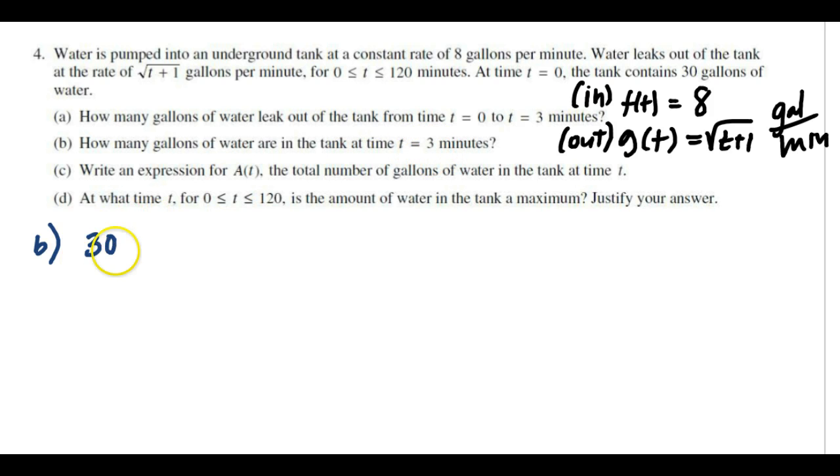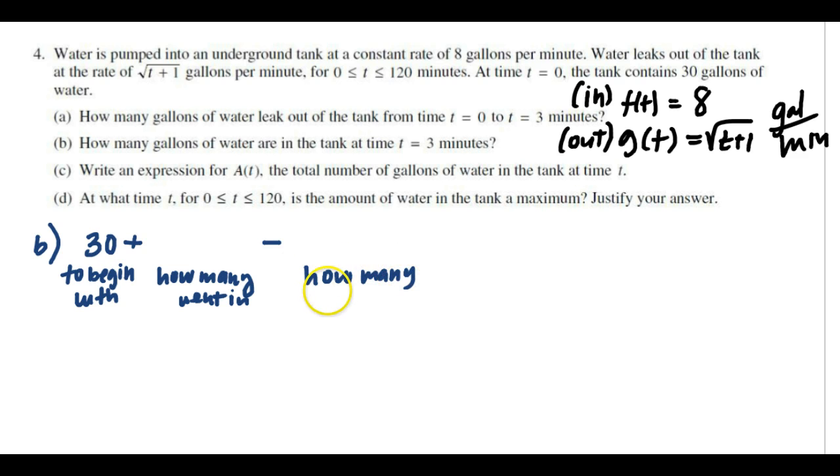So how many we had to begin with, 30, and then I need to add how many entered the tank between 0 and 3 minutes, and then I'm going to need to subtract how many leaked out of the tank during the first 3 minutes. So just to write ourselves some notes, we wouldn't have to write this on the AP exam. So to begin with, and then how many went in, and then how many gallons went out or leaked out.